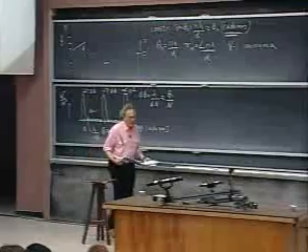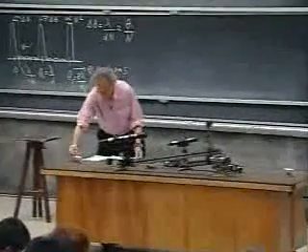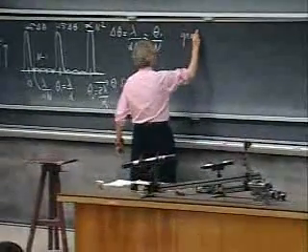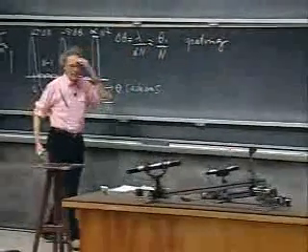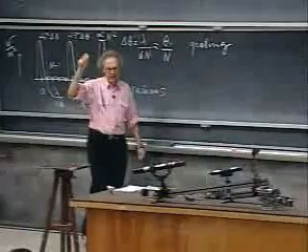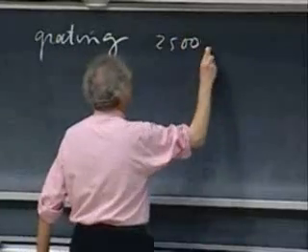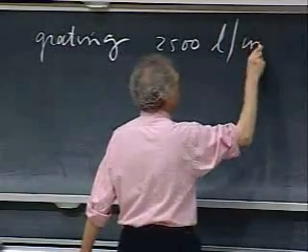And I want to demonstrate this to you using our red laser, which we have used before. And I will use what we call a grating. A grating is a plate which is specially prepared, a transparent plate, which has grooves in it. And the one that I will use has 2,500 grooves, we call them lines, per inch.